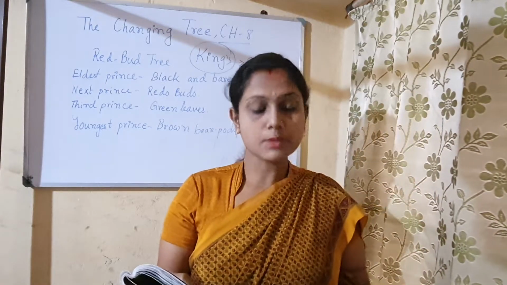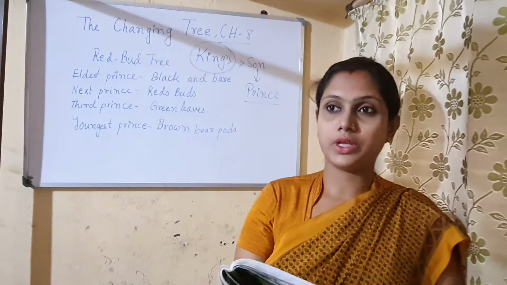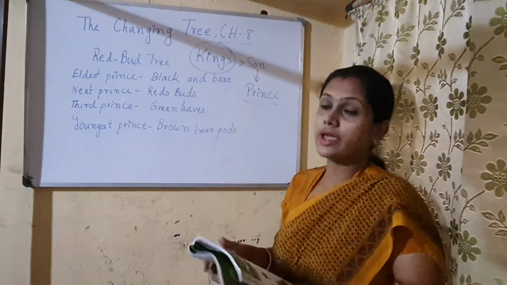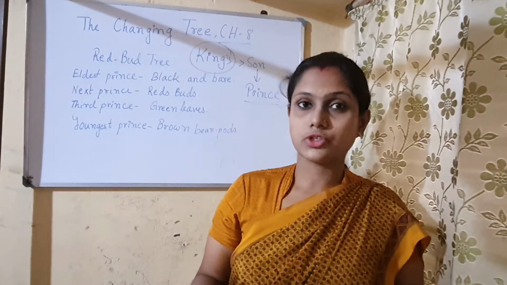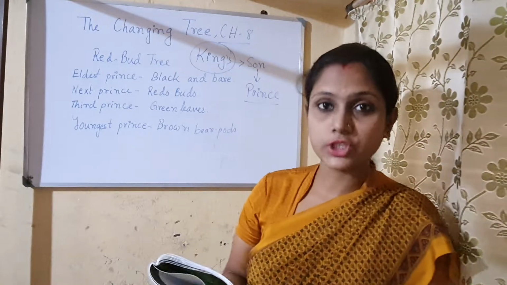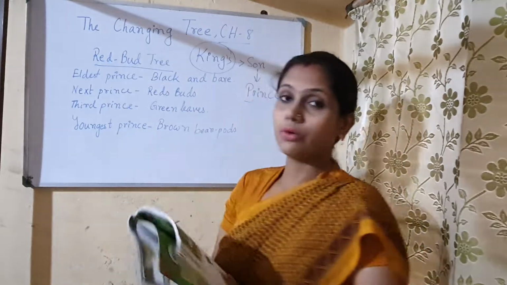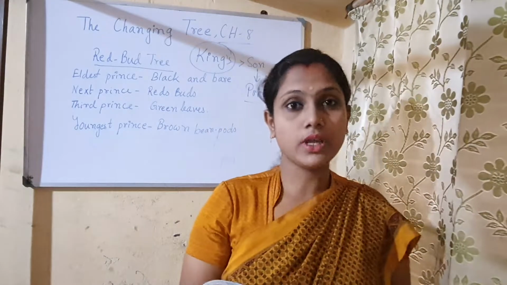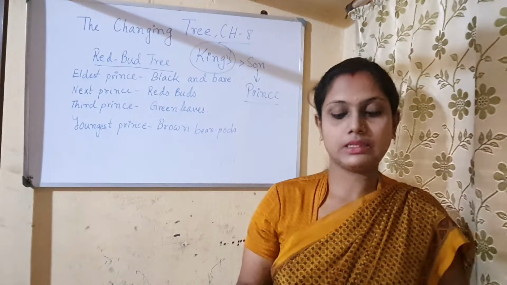So, once upon a time, 4 young princes heard a story. So, how many princes were there? 4 princes. Okay? 4 princes heard a story about a wonderful tree. And that wonderful tree is which tree? That wonderful tree is the redbird tree. Okay? What is the name of the tree? Redbird tree. None of them had ever seen the redbird tree.